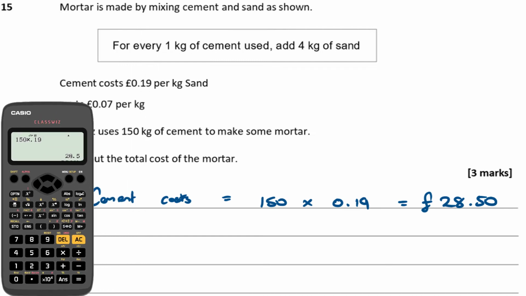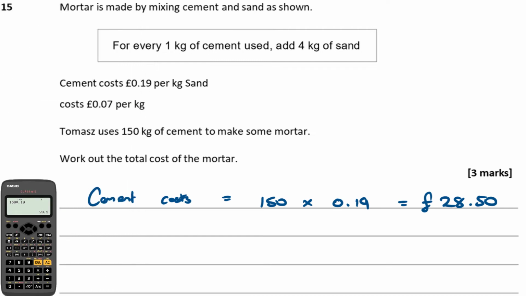Okay, and what about the sand? Well, we know that for every 1 kilogram of cement that we use, we need to use 4 kilograms of sand. So if I take 150 and times it by 4, I'm going to get 600. I'm going to need 600 kilograms of sand, aren't I?